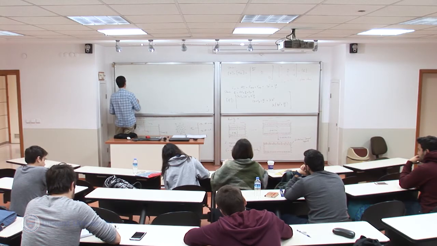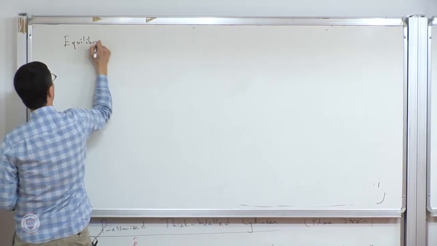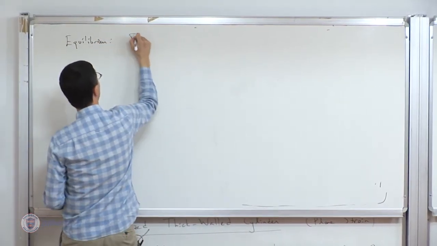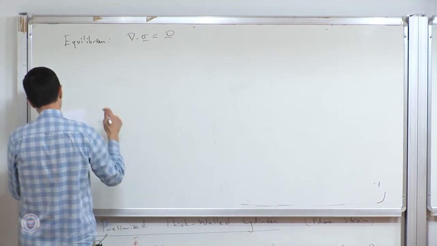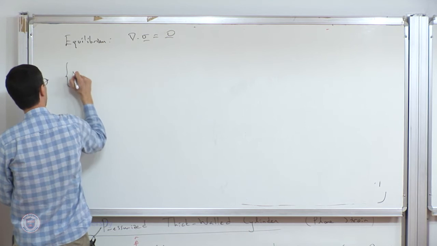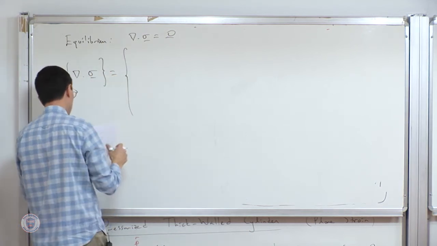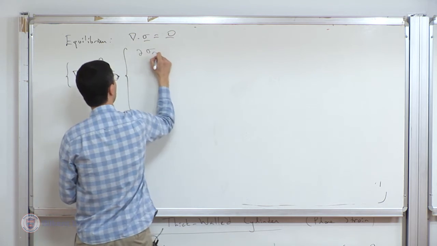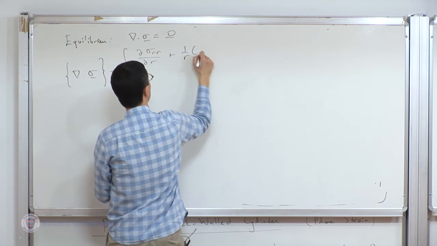Okay, so then comes equilibrium, which says that divergence of stress equals 0, because body force is 0 and acceleration is 0. There is a component of the divergence vector only in the radial direction. So in cylindrical coordinates, that reads as follows.